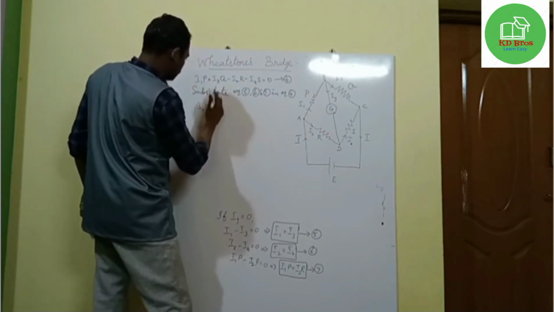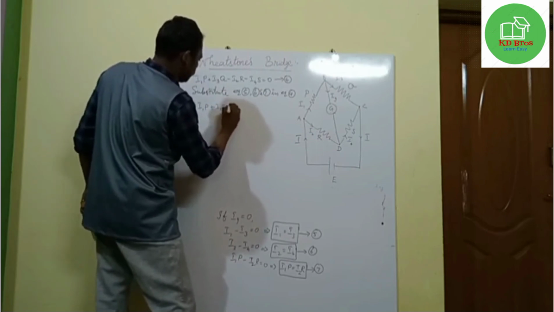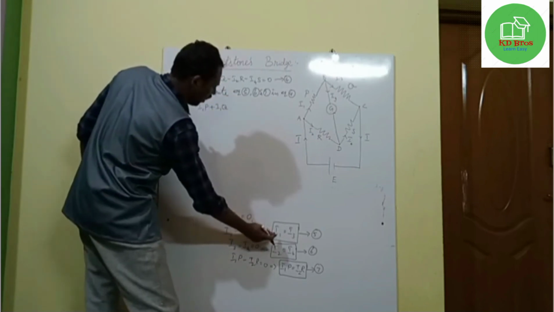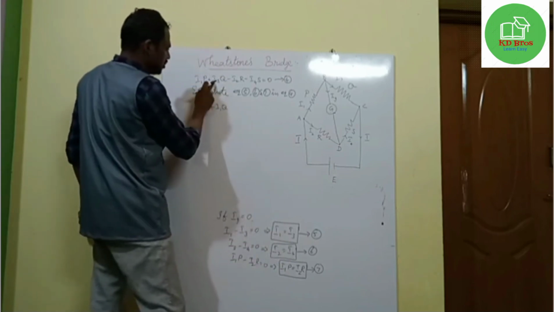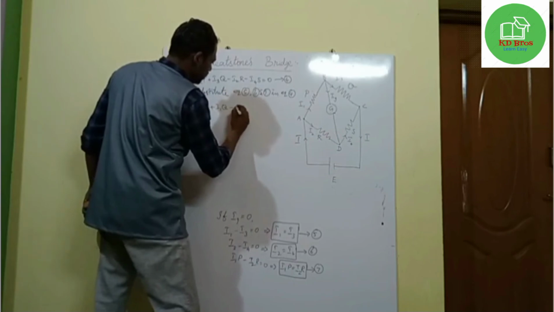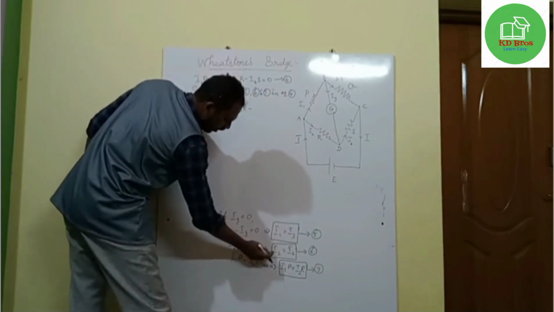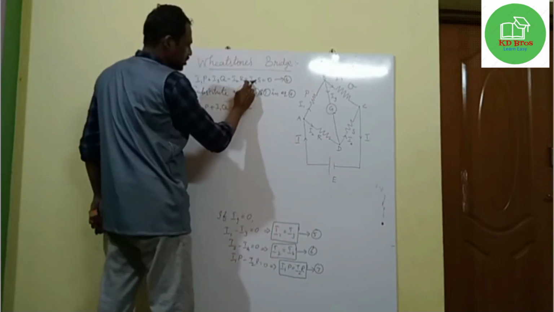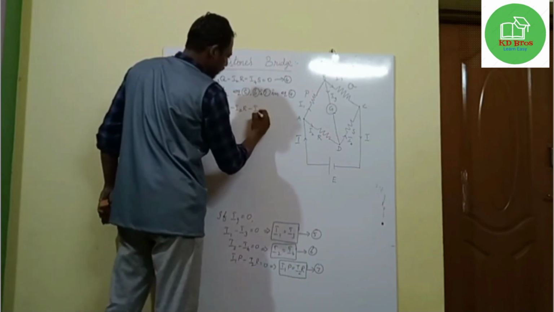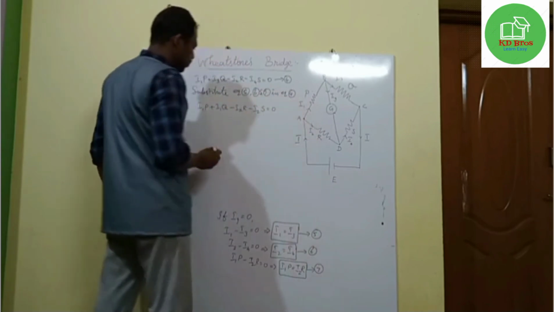Instead of this I3, we have to substitute I1Q, because I1 is equal to I3. Then minus I2R minus I4S, and instead of this I4 we have to write I2, which is equal to 0.